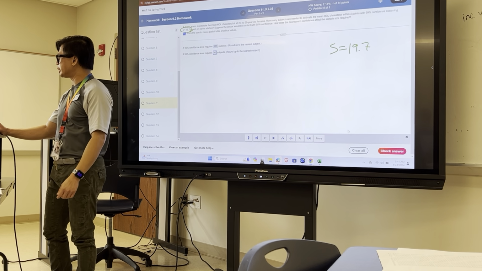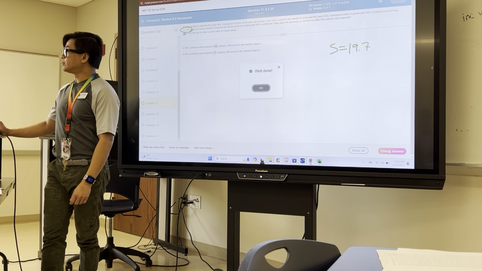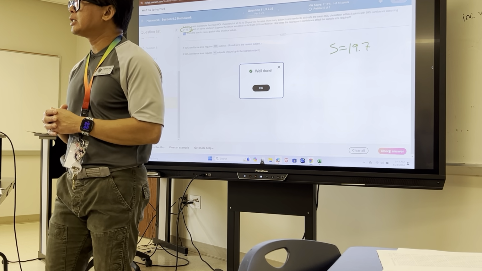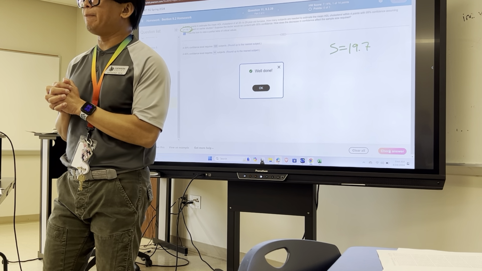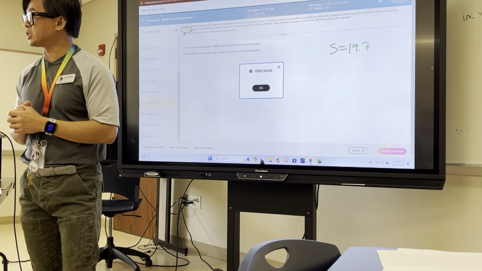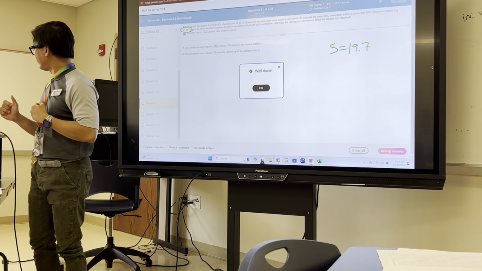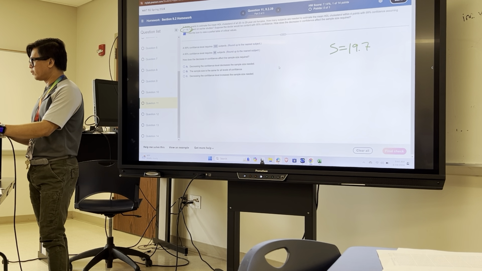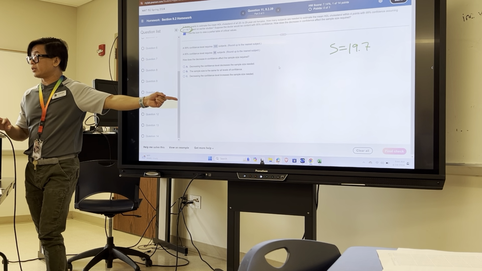So in short, the smaller your confidence interval is, what's going to happen to the sample size needed? It decreases as well. Are we good? Got it? Very good, guys, with what we did with that. And I think this one is good already. That's basically the third question, right?